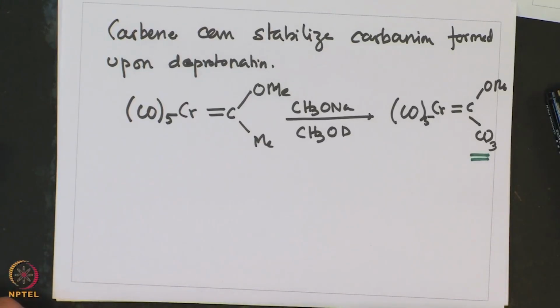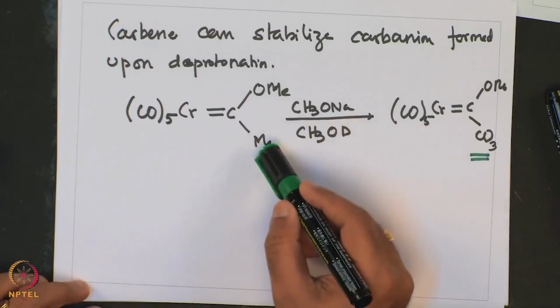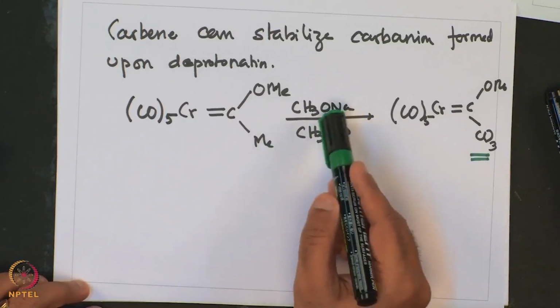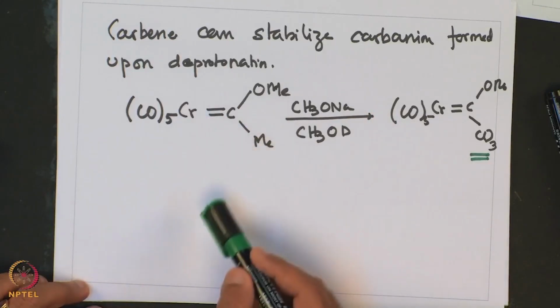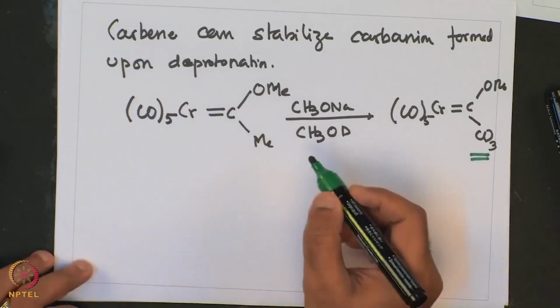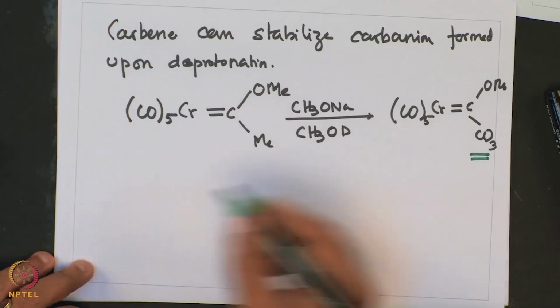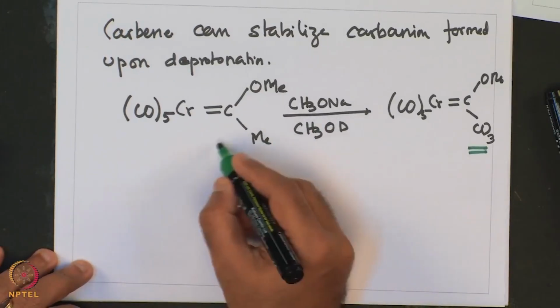That happens because this methyl gets deprotonated in the presence of a base to make a carbanion, which is stabilized by the carbene moiety.